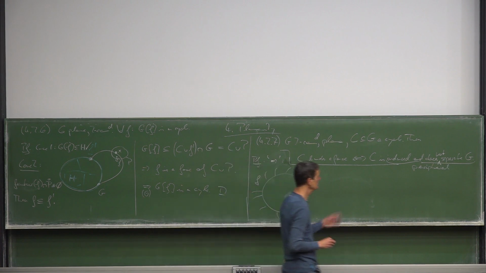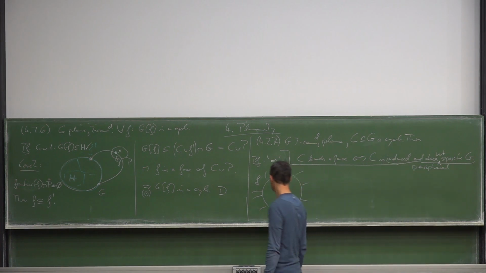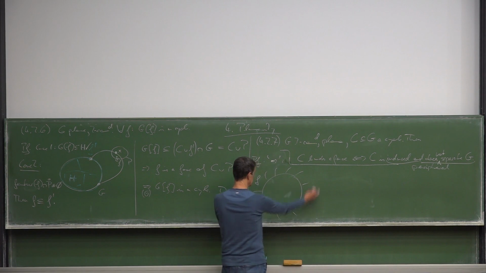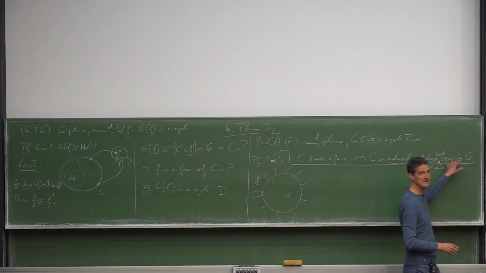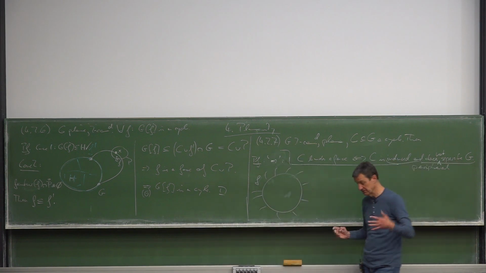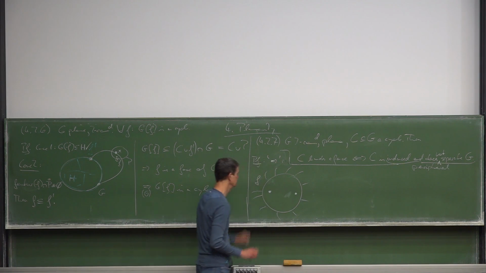And we have to show that it doesn't separate two vertices. So pick any two vertices. Well, they can't lie outside because that's a face of G. And when I say separate two vertices, I mean obviously two vertices not on C, by the definition of separate. So they lie in the other face of C in the plane.